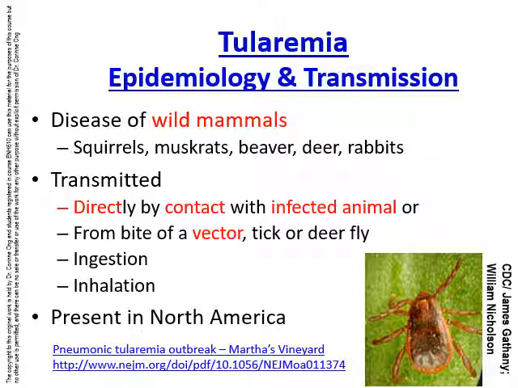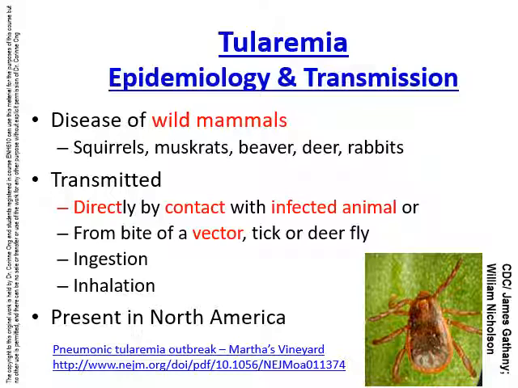the United States. There is a link that I've put at the bottom of this slide, and that is about an outbreak of pneumonic tularemia that occurred in Martha's Vineyard in northeastern United States. And you can click on the link if you would like to read the paper.